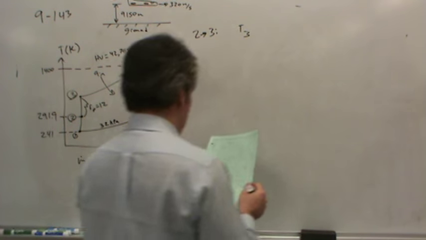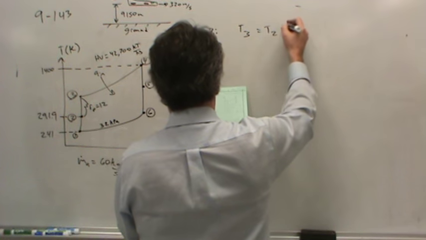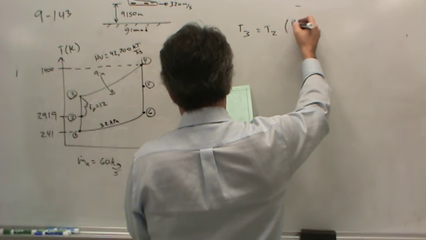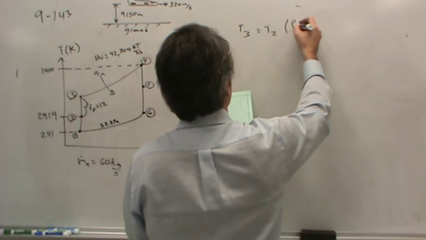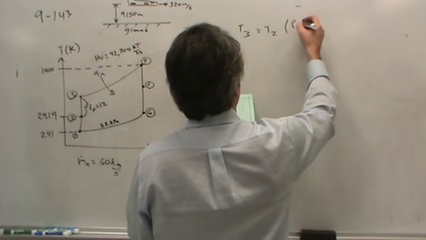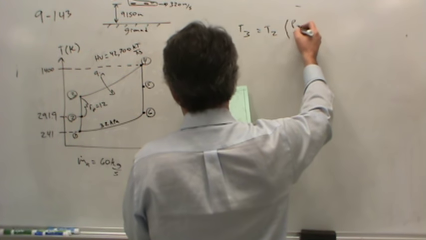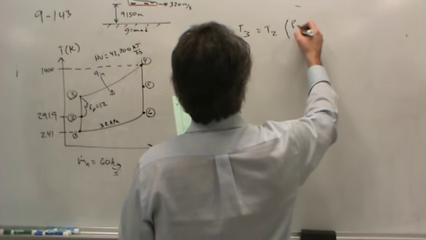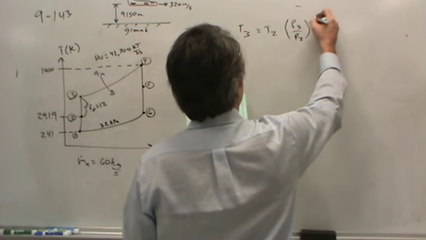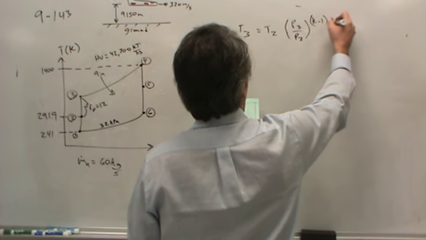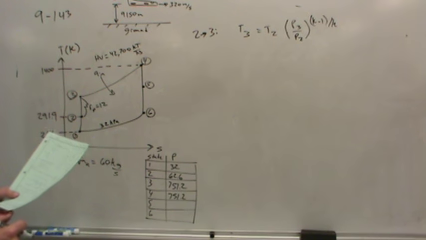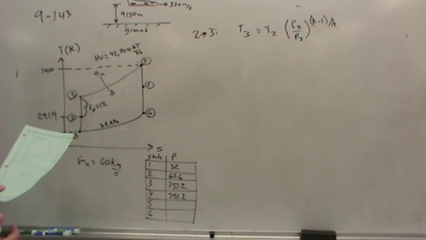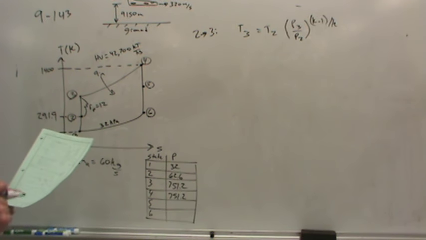So this would be T2 times P3 divided by P2 to the K minus 1 over K. I made a mistake in my notes, but that's okay. Let me double check myself, make sure all of that makes sense. Yeah, that makes sense.